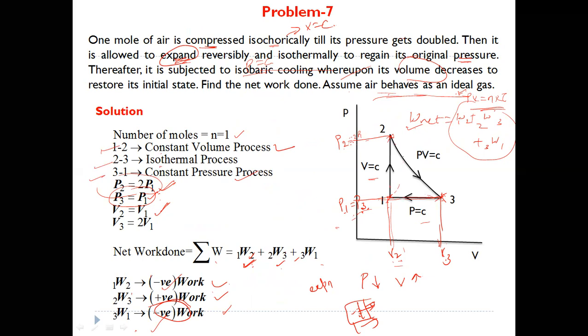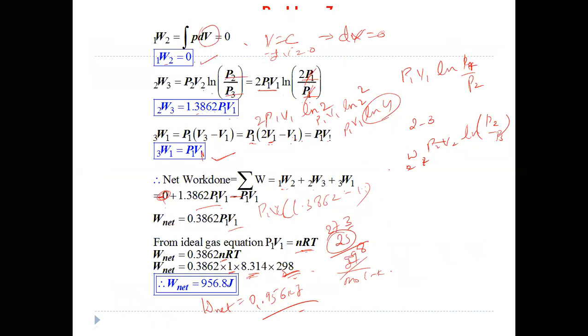Starting from here, it reaches the same point at the last, that means the initial state is equal to the final state. This cycle consists of three processes: V is constant, PV is constant, and P is constant. We consider each process separately, calculate the work done, and add all of them to get the net work done.